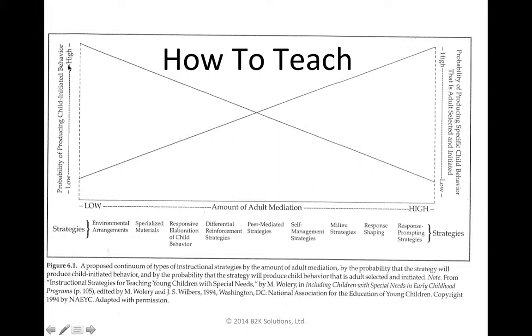Conversely, if what you're interested in is the child initiated behavior, the kid starts it, the kid begins it, the kid is the one leading the learning, and you're not so in love with or interested in something that you as the adult have selected, then in that instance you would use these strategies that require a lower amount of adult mediation.